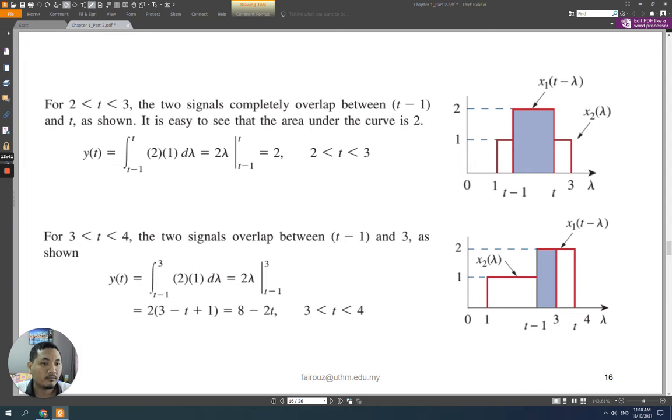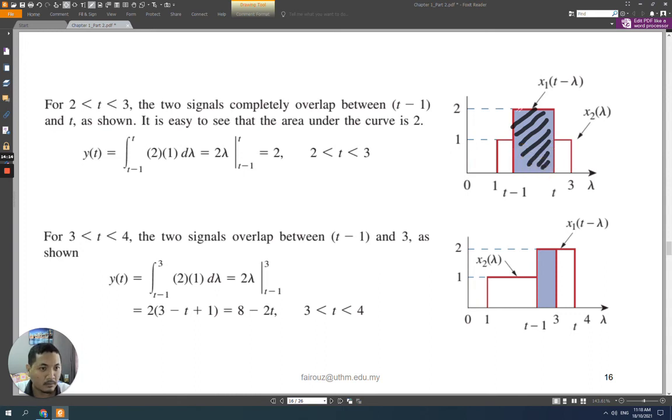Now remember, x2 remains fixed, doesn't move, only x1 moves. Now x1 has moved here, which is between 2 and 3. Here the area that has overlap is this.